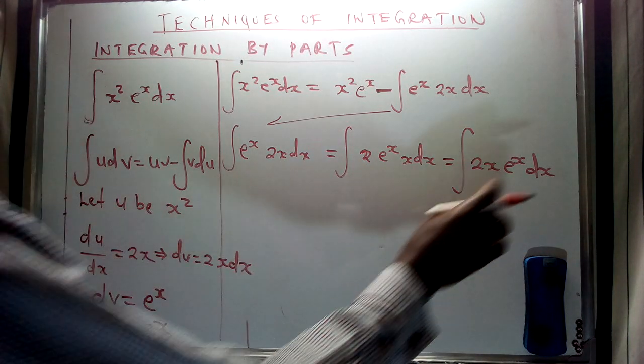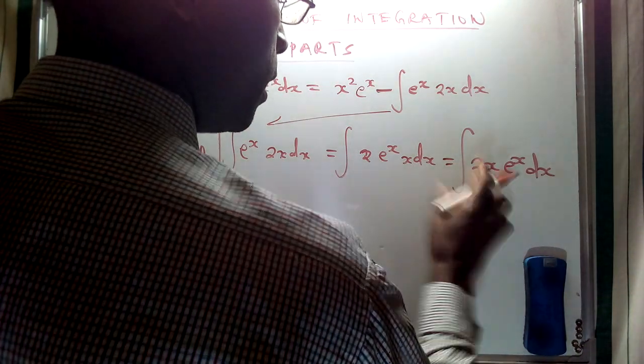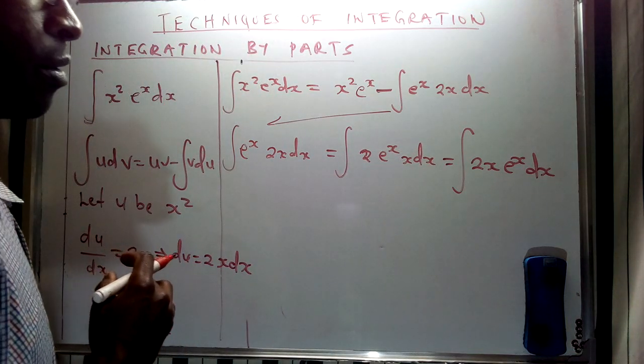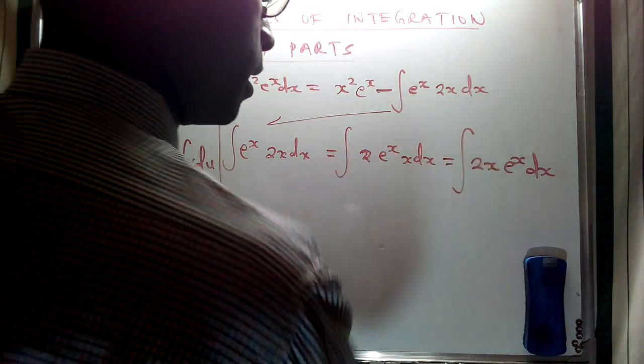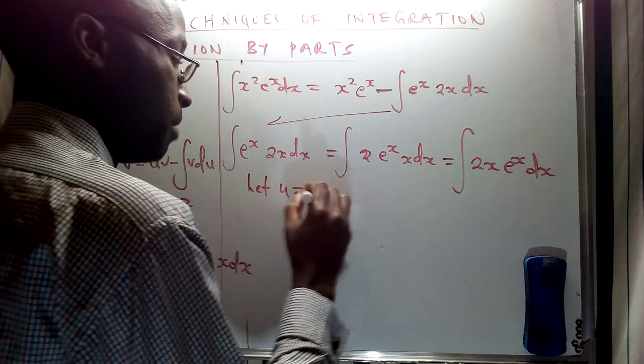For this one, I'm going to choose the various parts for u and v. For this constant, we have talked about the constant multiple rule, and therefore it's going to be taken out. So I'm going to say let u be represented by x.